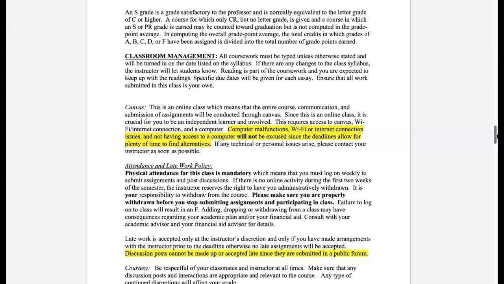going back to classroom management, like I said, this is a Canvas course, which means that it's completely online. So make sure that you have reliable internet and you have a reliable computer. Unfortunately, I cannot excuse missing work or late assignments just because your Wi-Fi was not working or your computer was not working. I understand that these things happen.